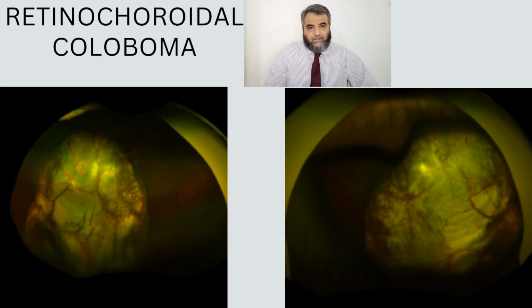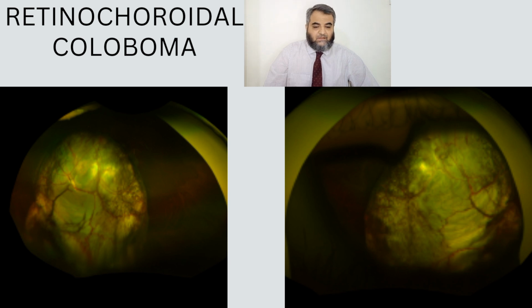There are some other photographs of the same patients showing the exposure of the retina, and the absence of retina and choroid has left us to see the area which is basically sclera. There is no retina and choroid, and now we are seeing the posterior-most layer of the eyeball.